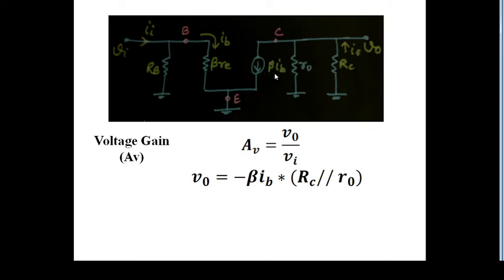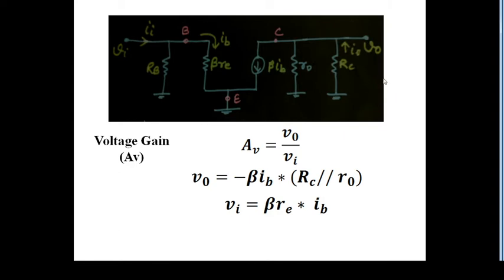Now this current and this equivalent resistance. Clear? V naught we can simply write, and again we have to write Vi. Vi can be written as IB into beta RE, because this voltage will be the same as that voltage. So Vi equals beta times of RE into IB.